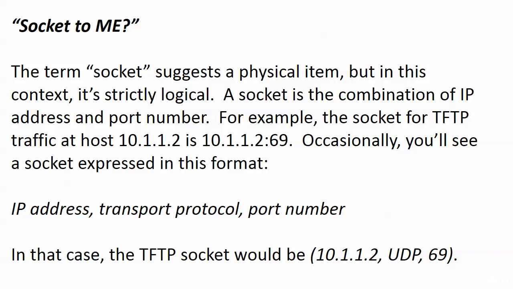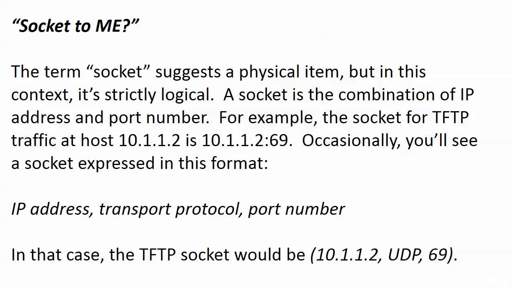Now, with this term socket, I don't hear this as often as I used to, but it's still around, and it sounds like something physical. The first time you hear it, you tend to think of a socket wrench if you're not familiar with the logical socket. And all this is, it's a combination of IP address and port number. For example, the socket for TFTP on our server at 10112 is 10112:69.